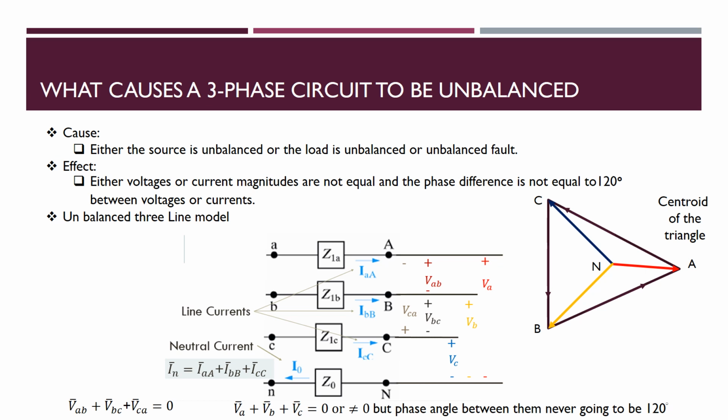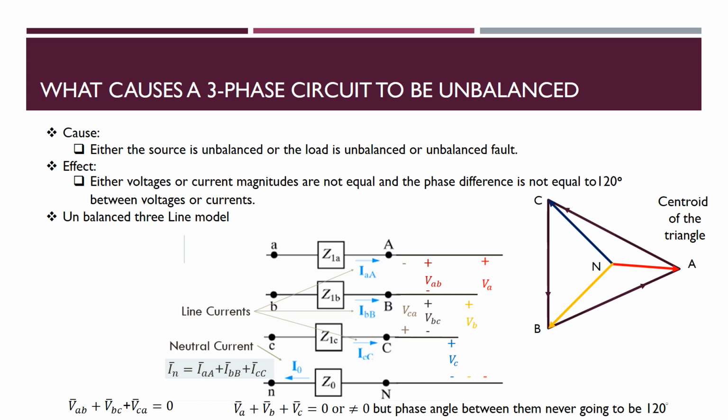So there would be a neutral current returning through the neutral conductor. Let's say that is IN, equal to IA plus IB plus IC. Further, if you add the phase voltages, the sum could be 0 or could not be 0. Anyways, the phase angle between them is never going to be 120 degrees.